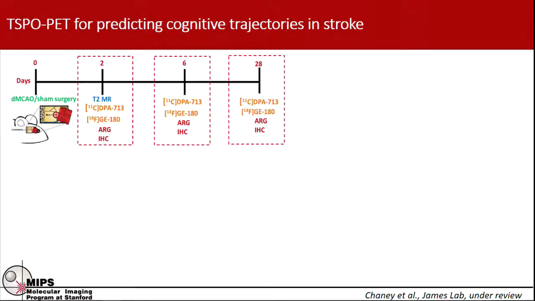Why we use this: it forms a very specific and reproducible stroke within the somatosensory cortex. After we perform the surgery, we do MRI. We were comparing two different TSPO tracers just to see which would give us the most sensitive and reliable information on glial activation. So we looked at DPA713 versus GE180 in both acute and chronic time points.